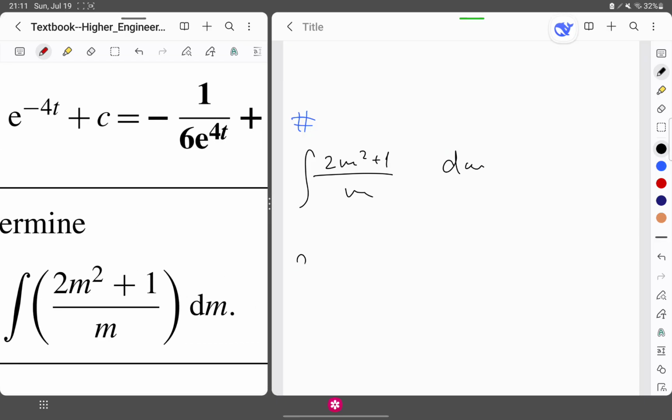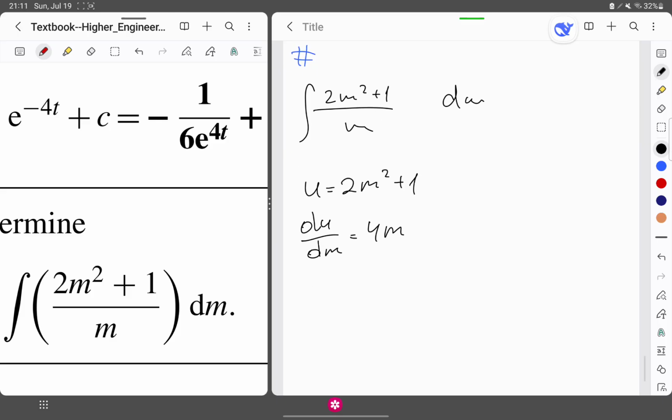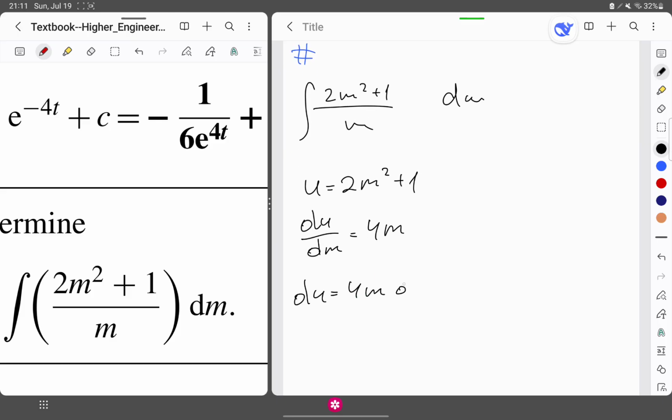So our u is 2m squared plus 1, du over dm will be 4m, du will be 4m dm.